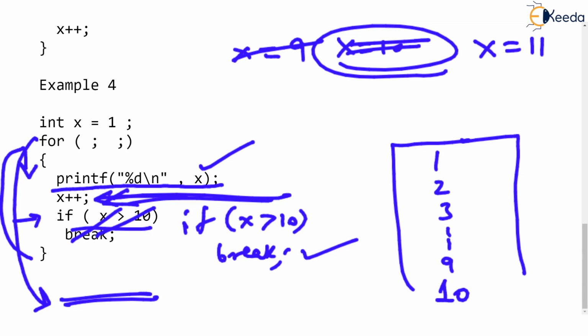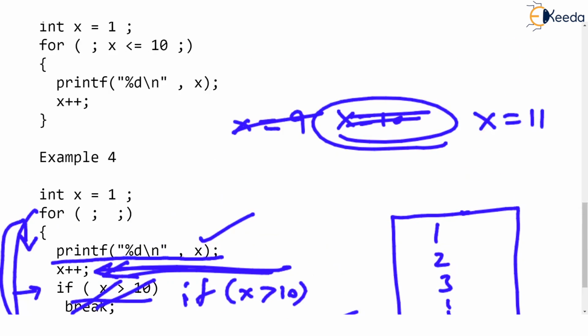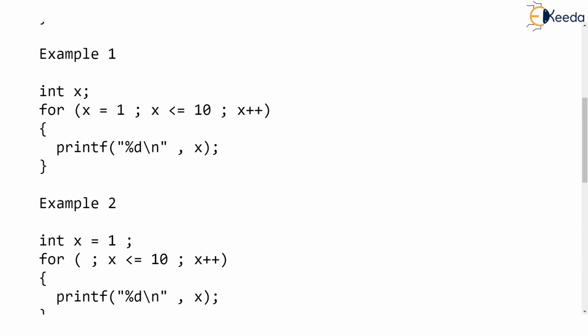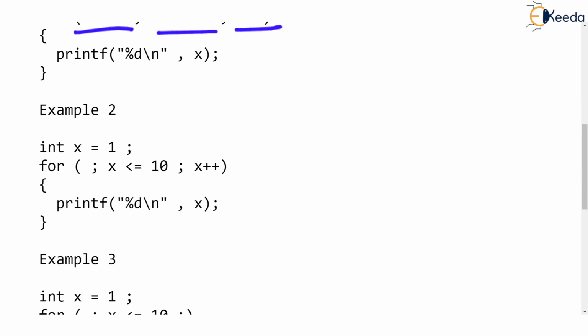But the point is that in this entire video, we wrote just one program printing 1 to 10. This is a very neat way of writing: take value of x from 1 to 10 in the increments of 1. This is another way where we have not given initialization because initialization has been done earlier. This is the third way.